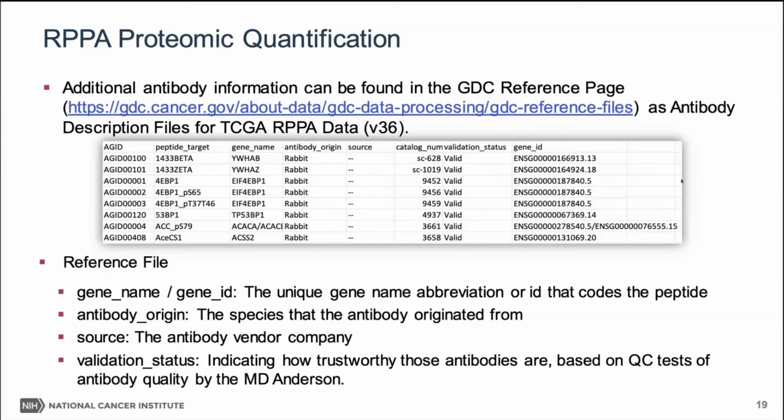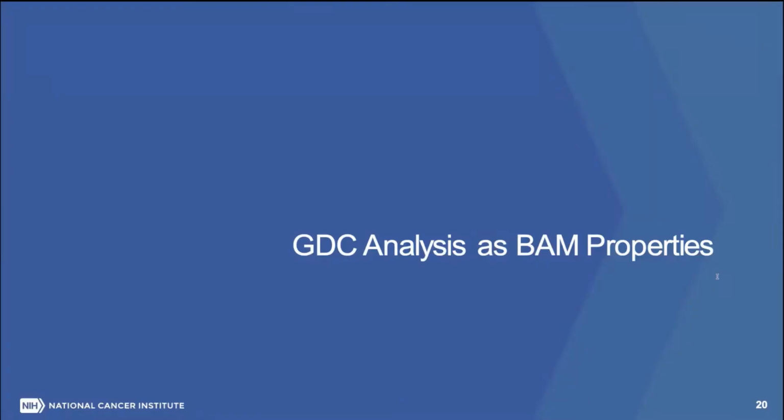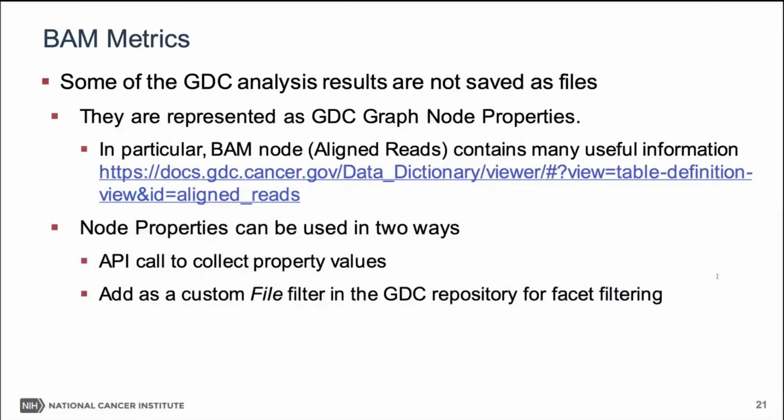Okay, so I've covered all three arrays, and finally I'm going to talk about GDC analysis and BAM properties. Most people probably don't know that GDC has analysis results that are not saved as files. Why is that the case?